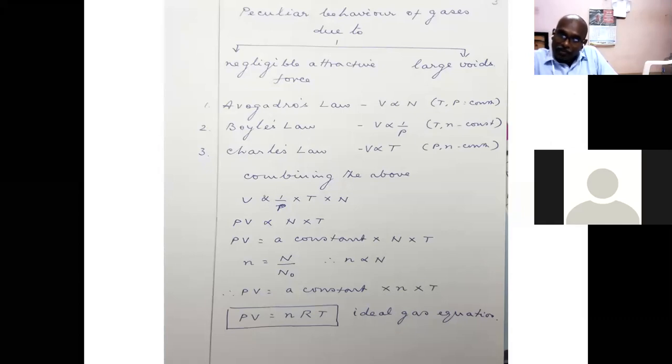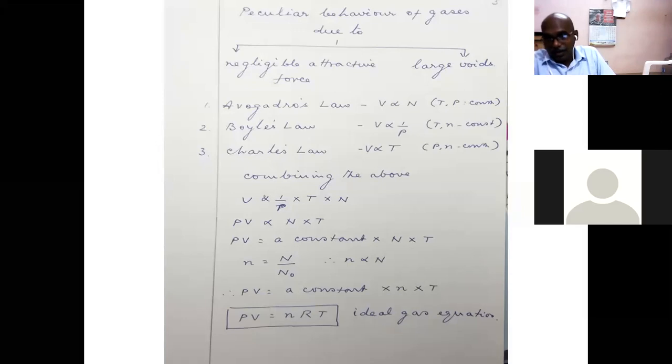If we have a large quantity of gaseous molecules, the volume will be more. If we have less quantity of gaseous molecules, the volume will be less, provided the temperature and the pressure are maintained constant. That is Avogadro's law.